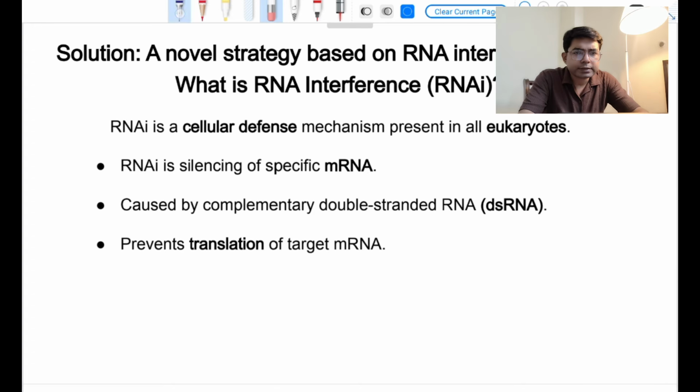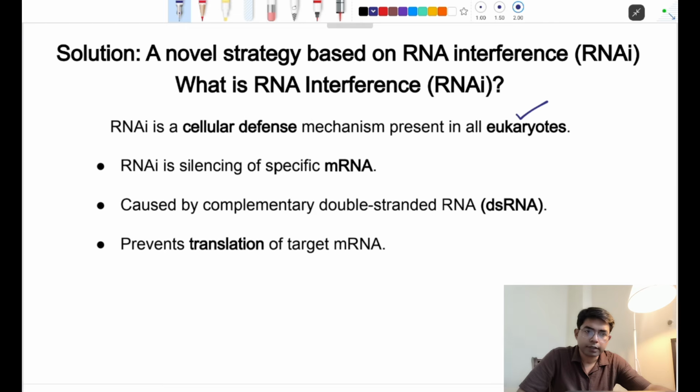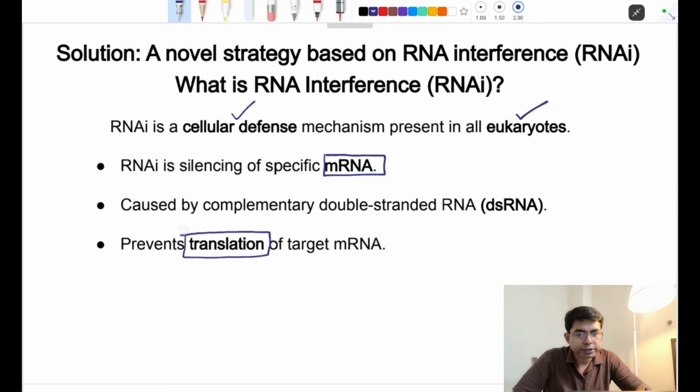as it is mentioned here, I will highlight that it is found in eukaryotes as a method of cellular defense. What does it target? It targets the mRNA. Which process does it target? It targets translation. How does it target? By forming a double-stranded RNA.